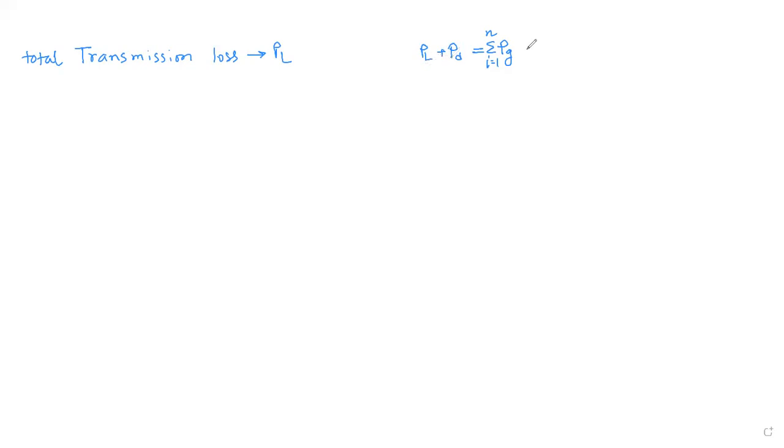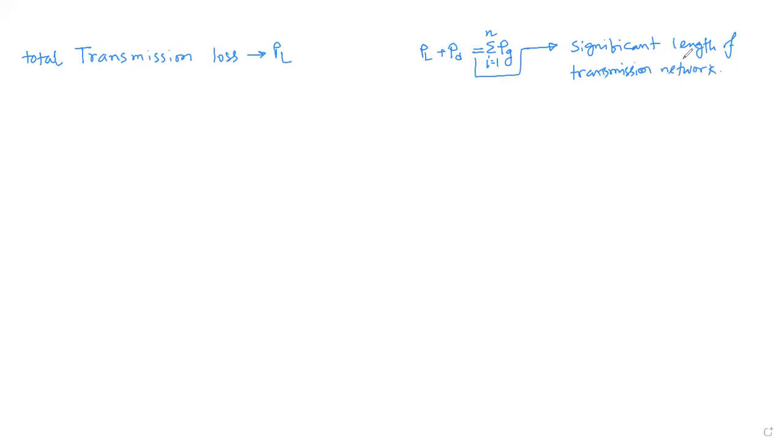So this equality constraint is applicable for those power systems where a significant length of transmission network is present.